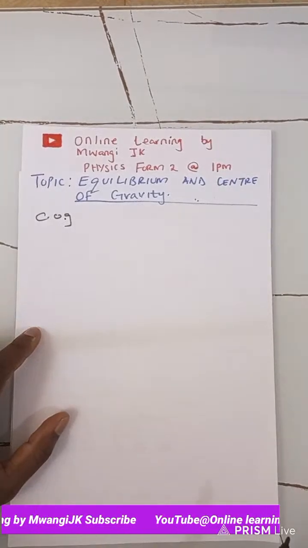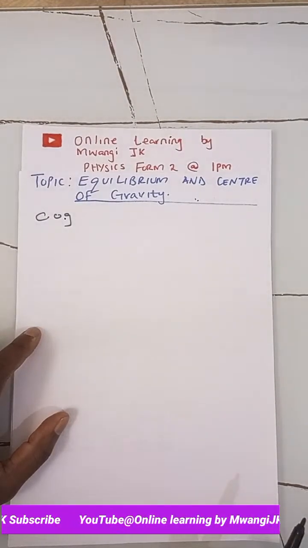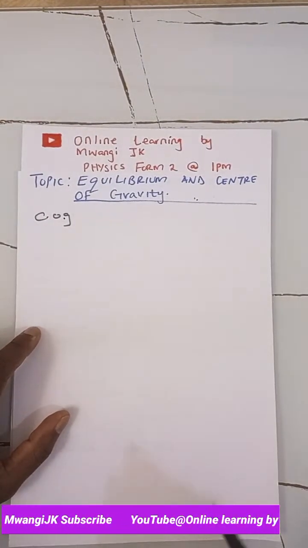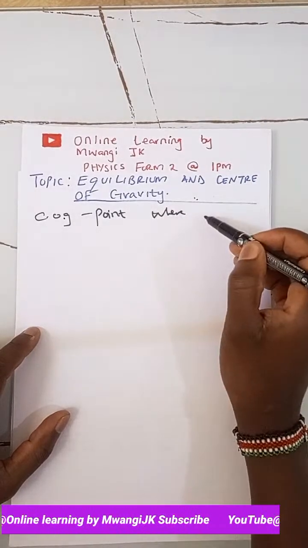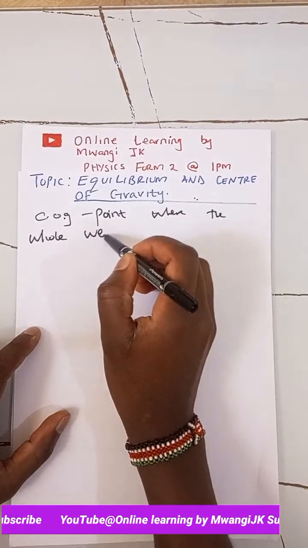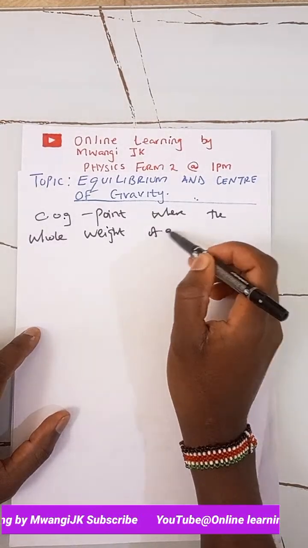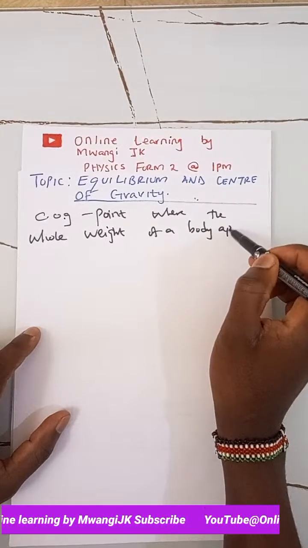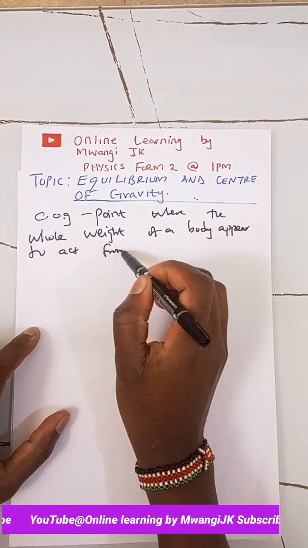The center of gravity of a body is where the whole weight of a body appears to act from.